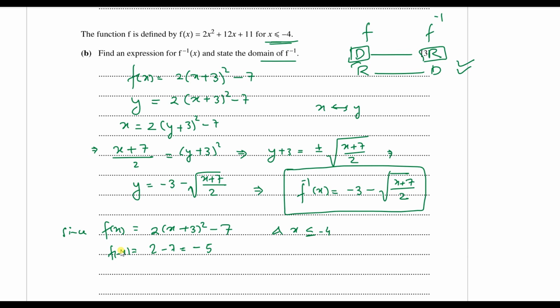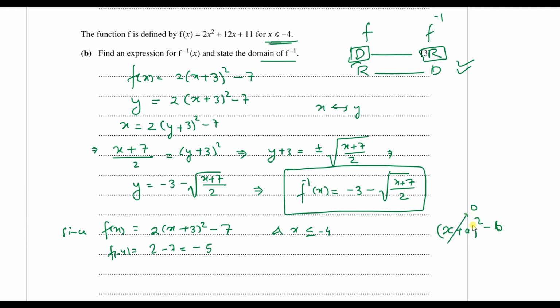f(x) will always be greater than this minus 5, because this was the minimum value. We know that if f(x) is denoted by 2 times (x plus a) whole squared minus b, the minimum value is minus b, but in that case this was going to be 0, and here it is not getting 0.